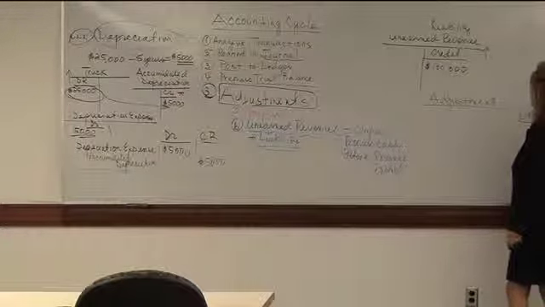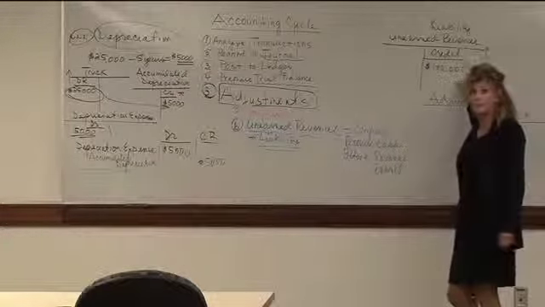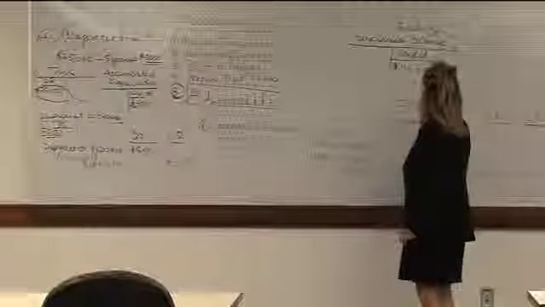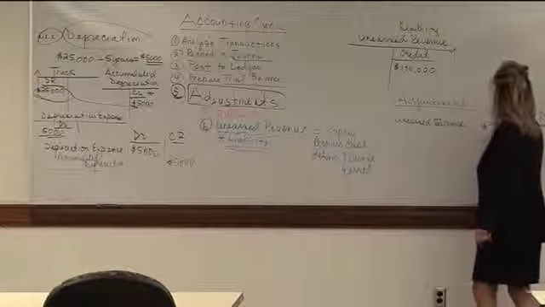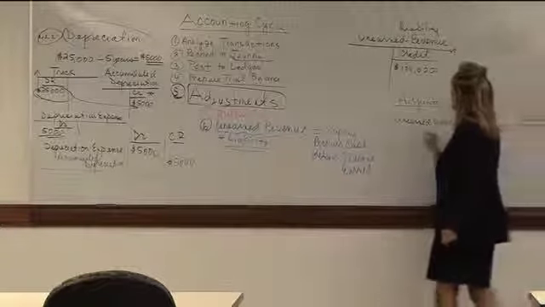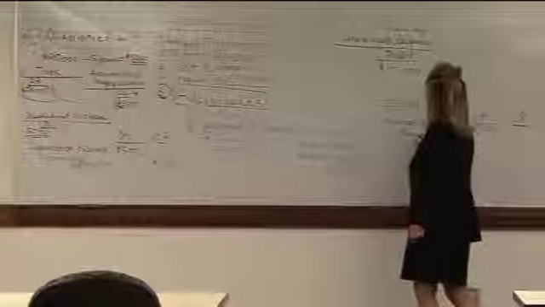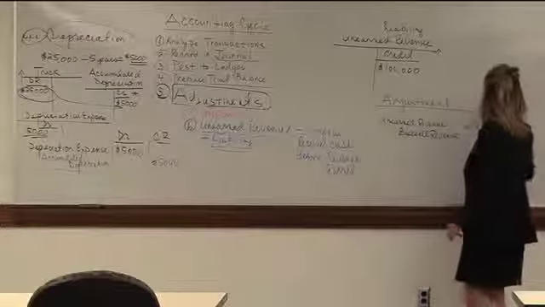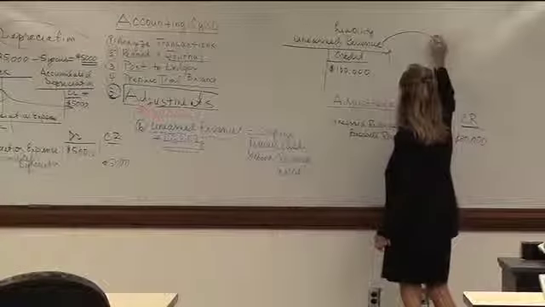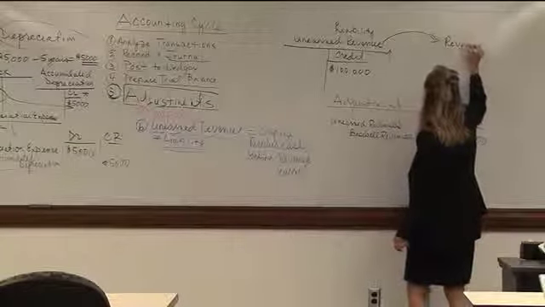So if it's 5 games, $100,000, every time we play a game, we're going to debit and reduce the liability unearned revenue, and we're going to put it into the revenue account. Liability down, revenue up. Yay, that's a win-win. Liability down, revenue up. So it's going to go from the unearned revenue account to the revenue.